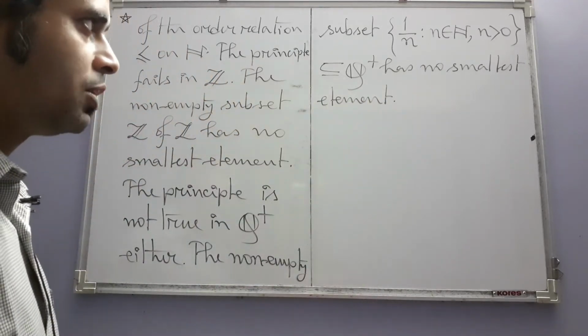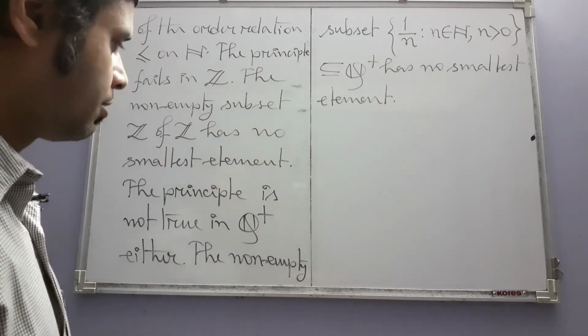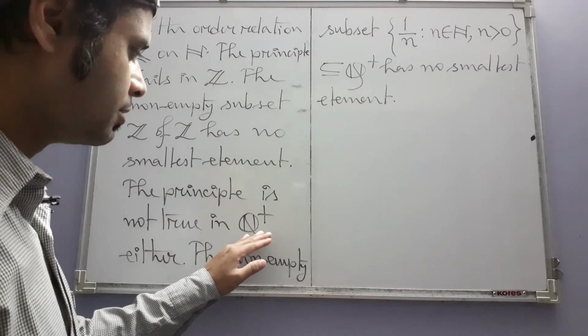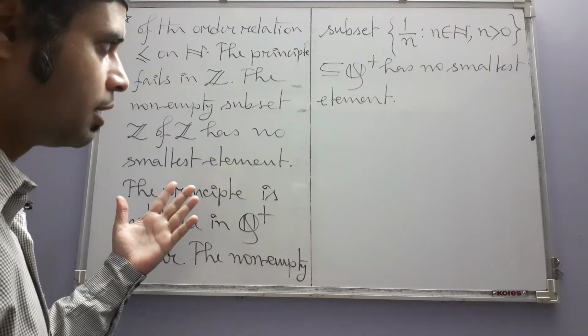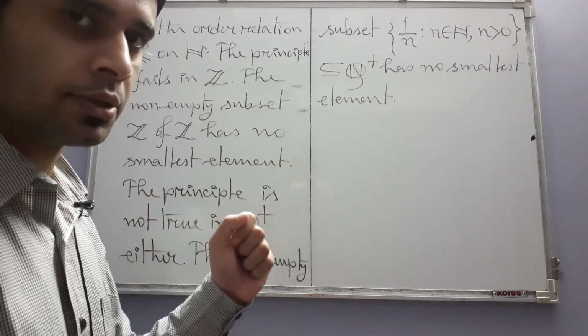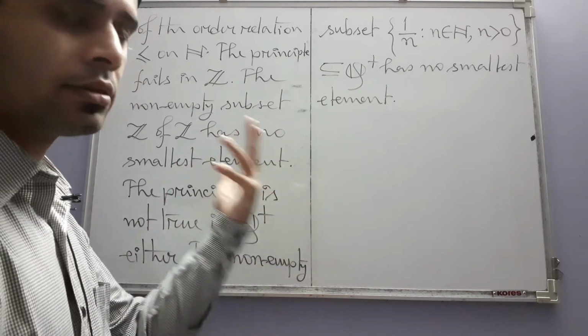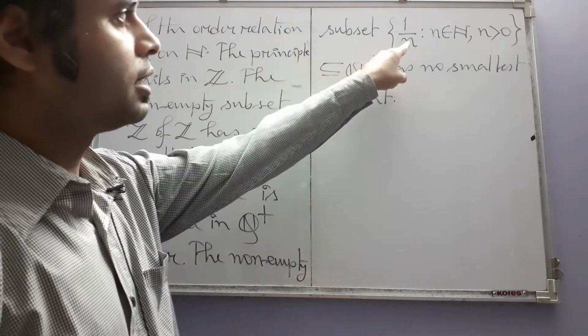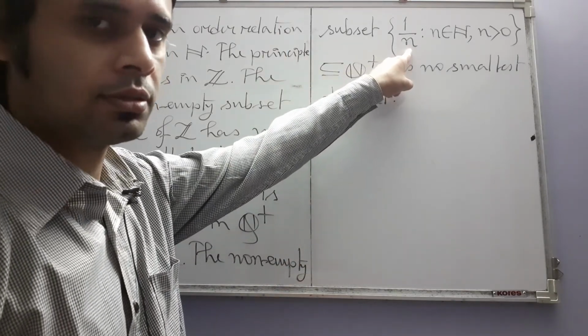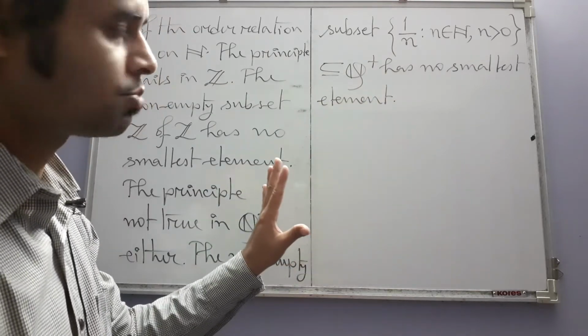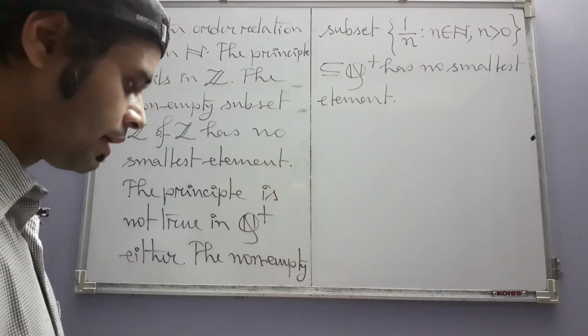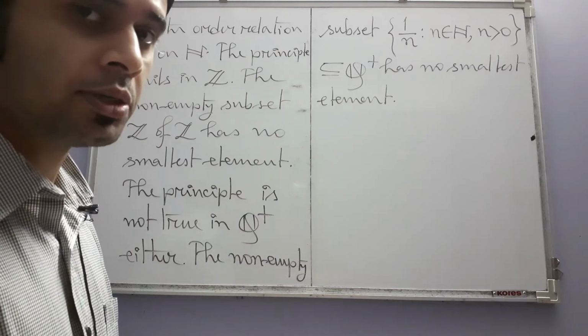Now if you want to be absolutely rigorous and not just simply take these things as facts, say someone asks you, why is there no smallest element of this subset? You then have to actually demonstrate why. And for that, we can of course use the Archimedean principle.